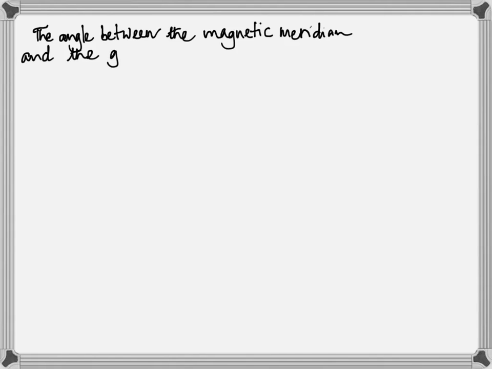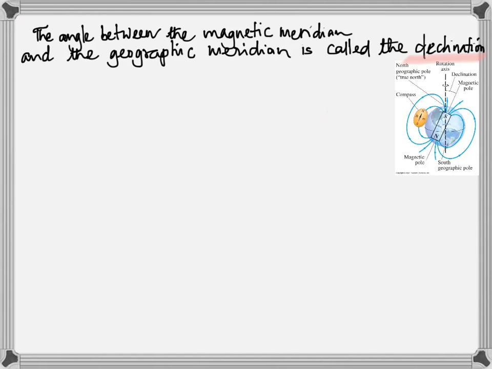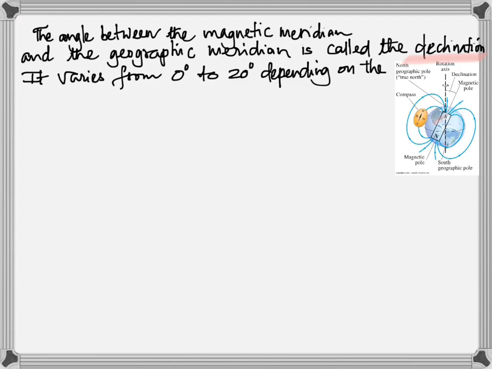The angle between the geographic and the magnetic meridian is called the declination, as you can see in the figure below. And its value varies anywhere between 0 to 20 degrees depending on what place you are on the Earth.